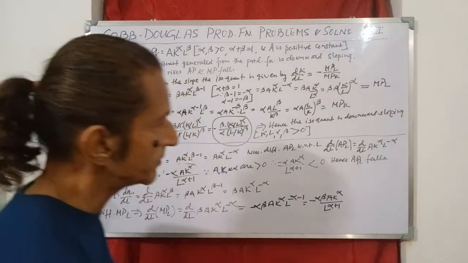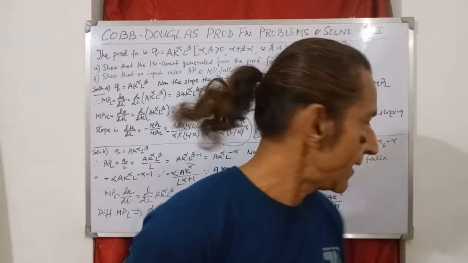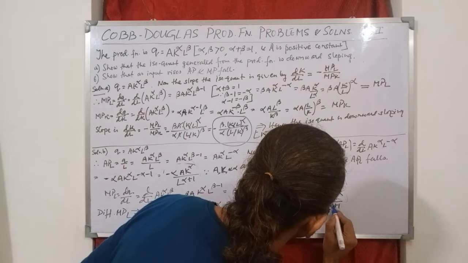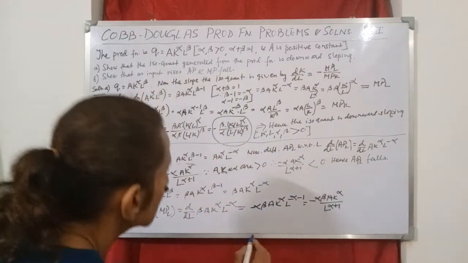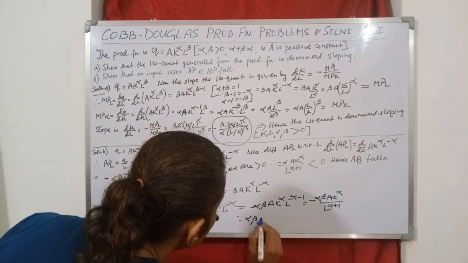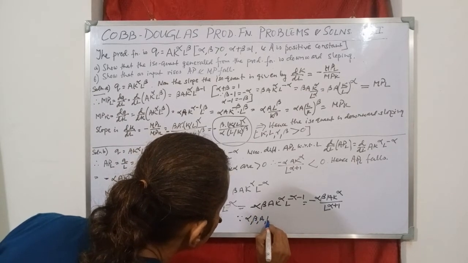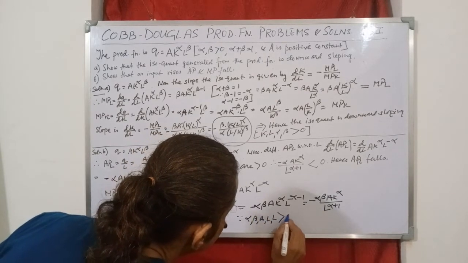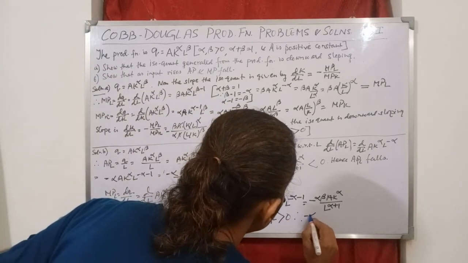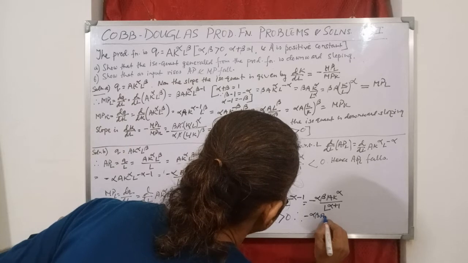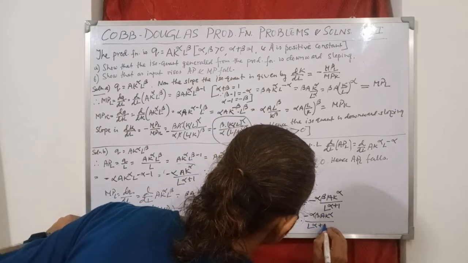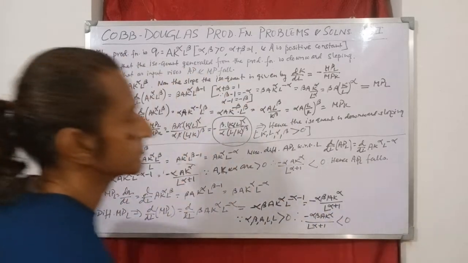Since alpha, beta, A, K, L all are greater than 0, minus alpha beta A K to the power alpha divided by L to the power alpha plus 1 is less than 0.